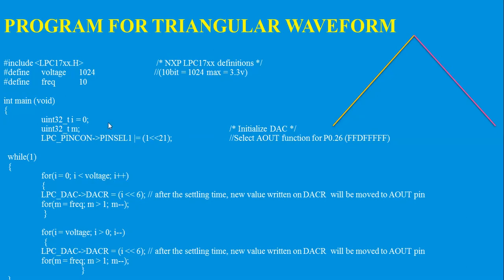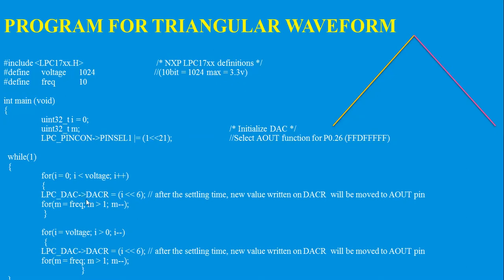Here voltage refers to 1024, so we compare whether I is less than 1024, which means I can hold a maximum of 1023, and as long as this condition is satisfied, the value of I will be incremented. Initially the value of I is 0. Now that value is shifted left by 6 bit positions in order to match the 6th position of the DAC register, and that value will be placed in the DAC register.